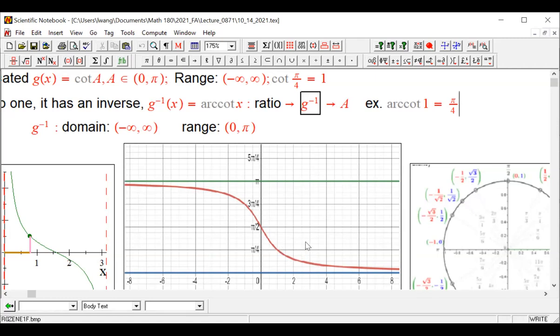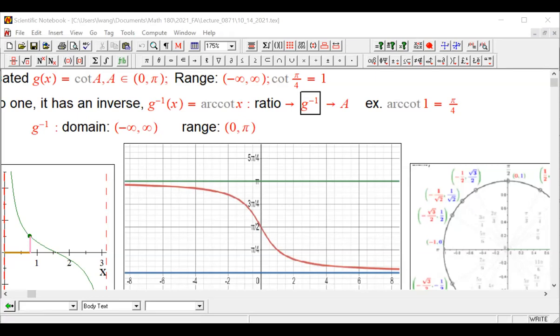So where is that point? I certainly cannot draw like I did here, but I'm going to do the best I can to draw it over here. So what is ArcCotangent 1? This is the ArcCotangent curve, right? So I'm going to use my pink.